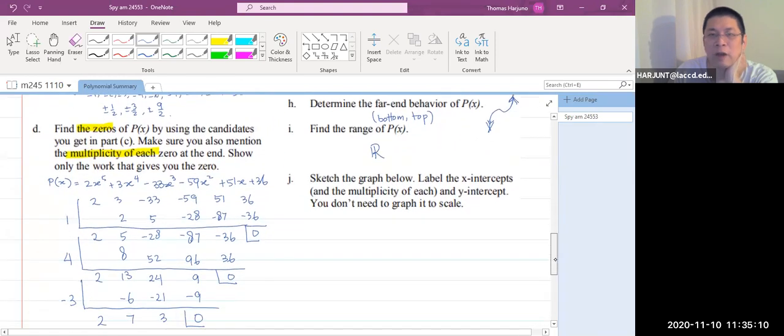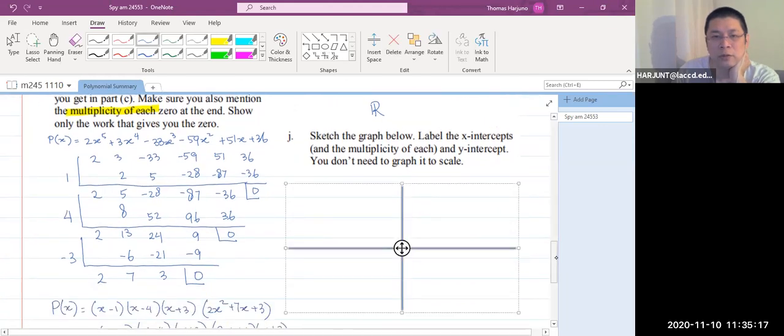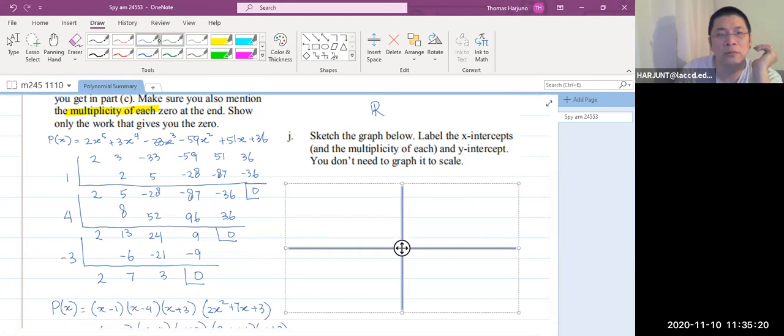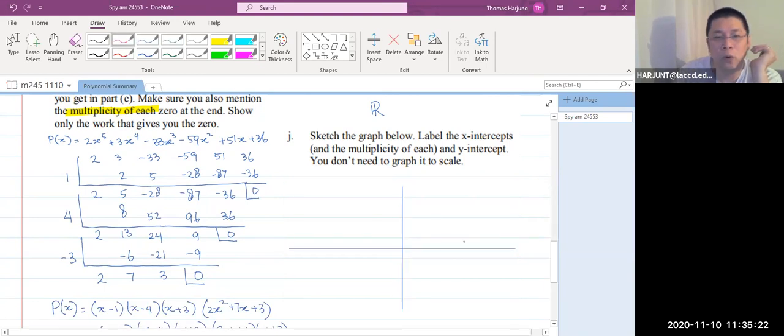Now sketch the graph below. You don't need to graph it to scale. So the zeros are 4, 1, negative 3 with multiplicity of 2, and then negative 1/2 with multiplicity of 1. And the y-intercept is positive 36. Actually, we know more.